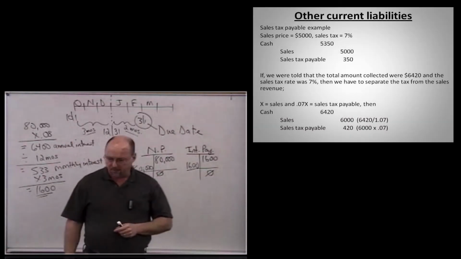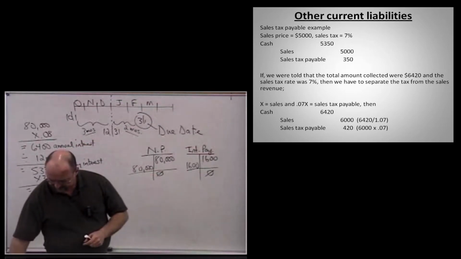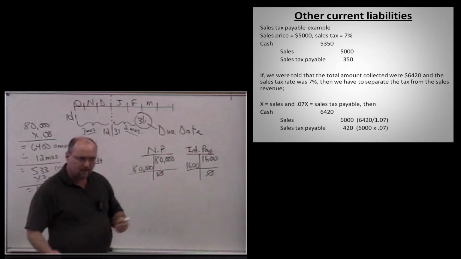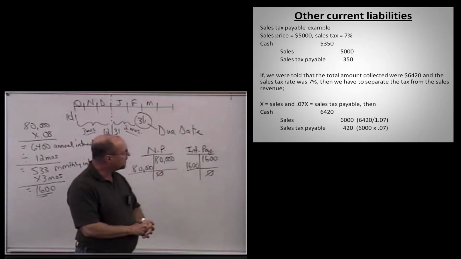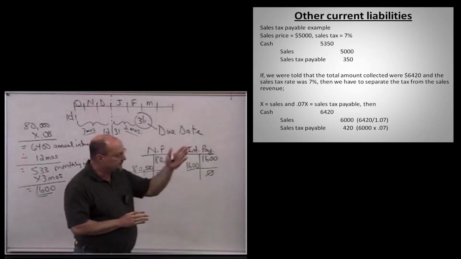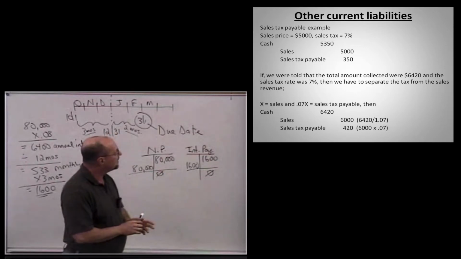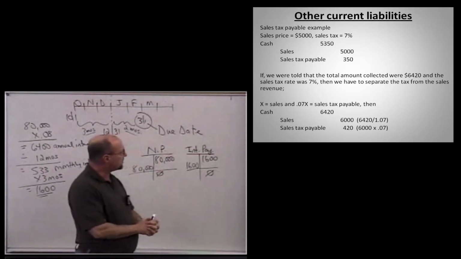Other current liabilities. First, we'll take a look at sales tax. Okay, depending on where you live, you are probably familiar with your sales tax rate. Okay, I just arbitrarily picked 7% for this example. All right, let's take a look at 2 separate examples. In example 1, the sales price is $5,000.